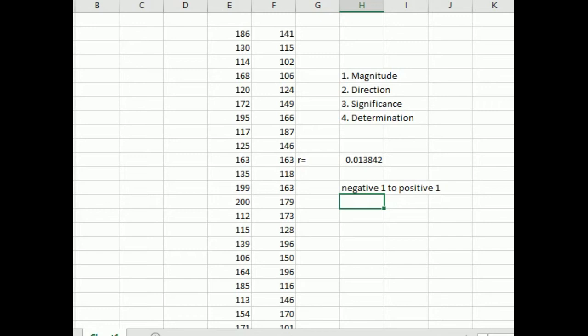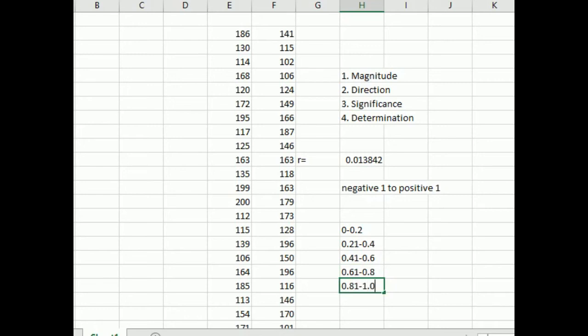Alright, so magnitude refers to the degree of the relationship, the degree of the coefficient of correlation. So we are using this scale. From 0 to 0.2, then from 0.21 to 0.4, 0.41 to 0.6, 0.61 to 0.8, 0.81 to 1.